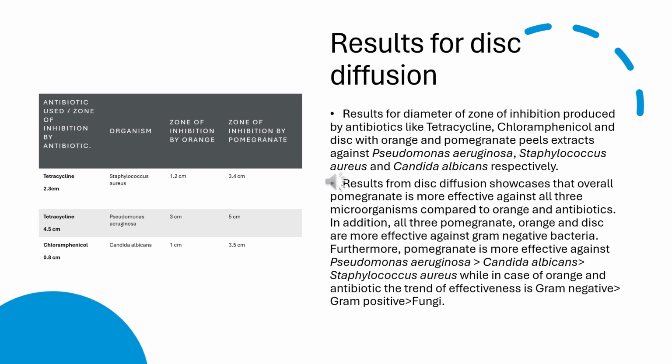P. aeruginosa showed 5 cm of zone of inhibition for pomegranate peels, while for the antibiotic disc tetracycline it only showed 4.5 cm. Thus, it confirms that pomegranate and orange peels have antimicrobial activities and effects that can be used instead of artificial preservatives.